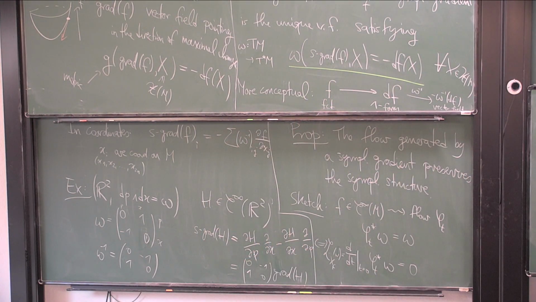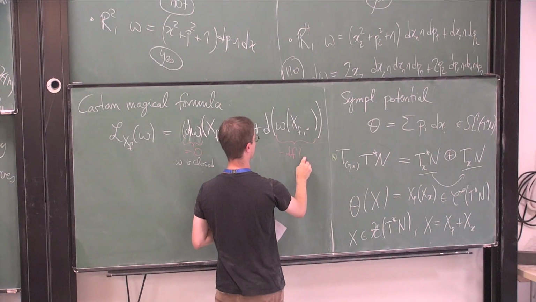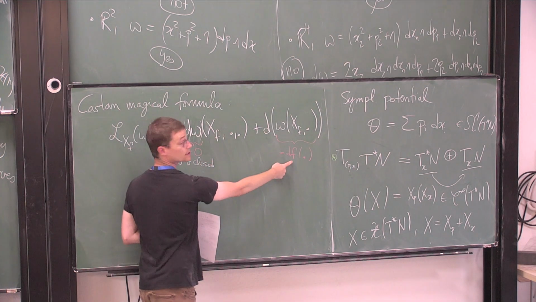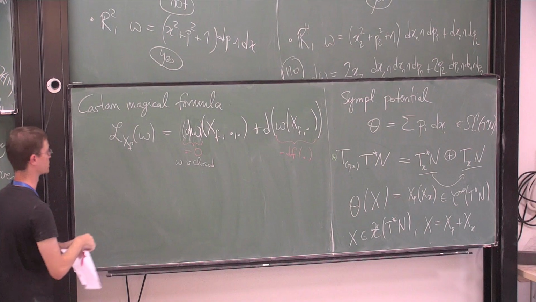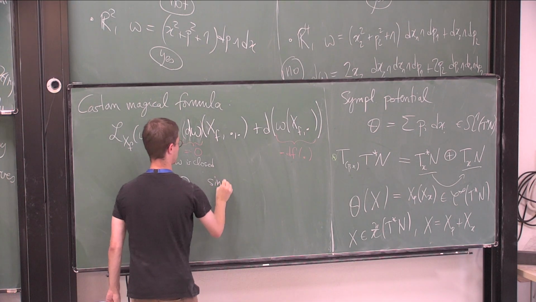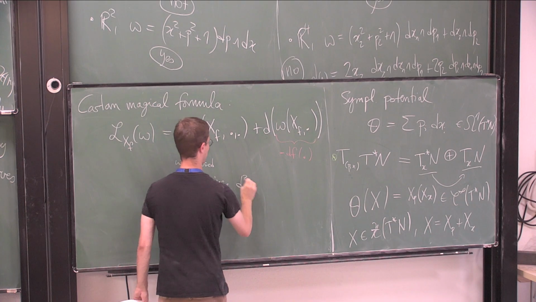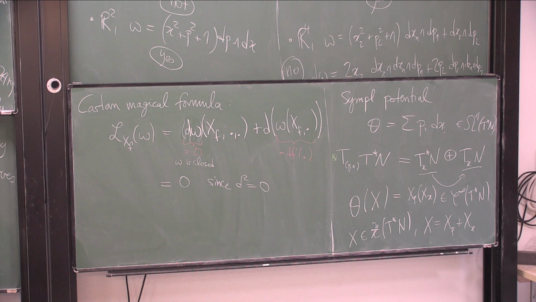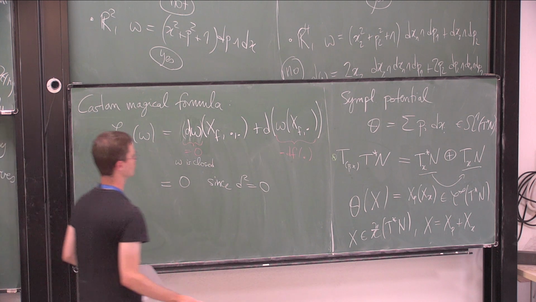This actually is minus df of something. And then you have d, and the 2 differentials cancel out. This is 0.